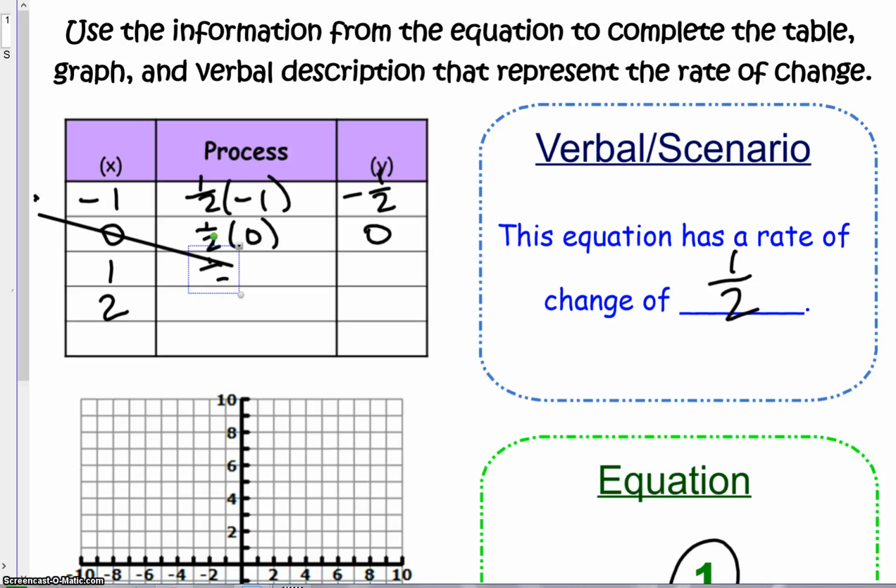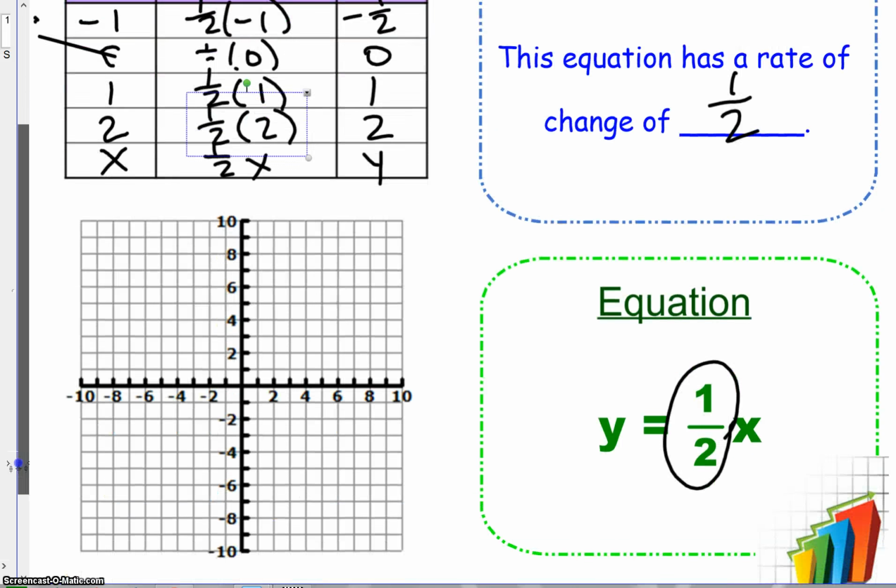Sorry guys, hold on. 1/2 times 1 is 1/2, and 1/2 times 2 is 1, and then you have your x here and a y, so you have 1/2 x. Once you have your table, you can go to your graph.